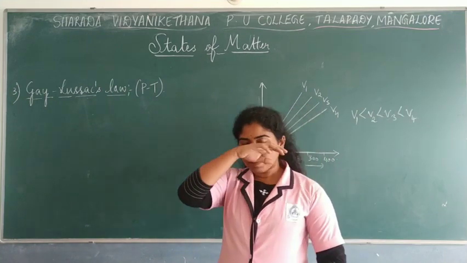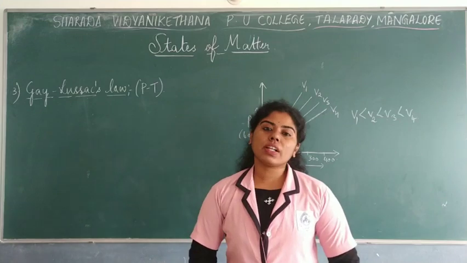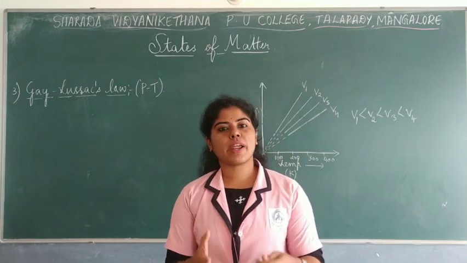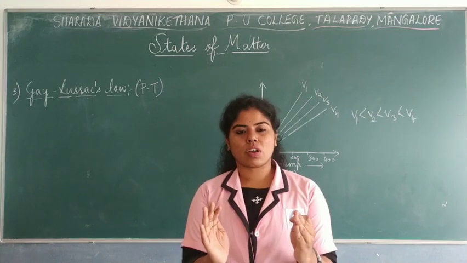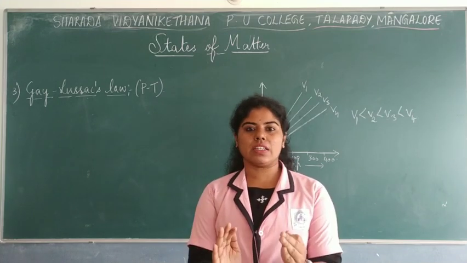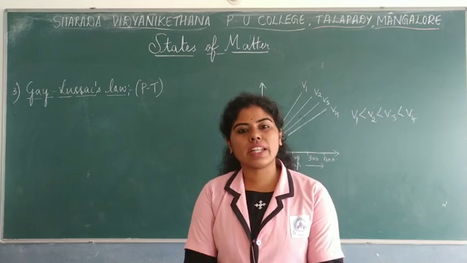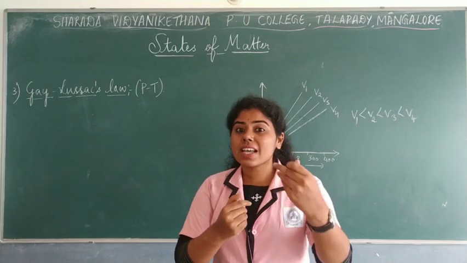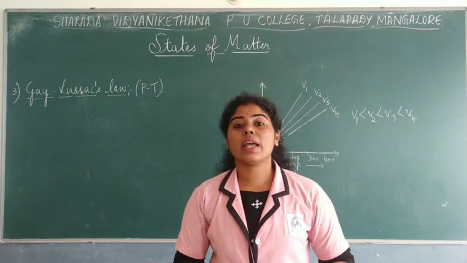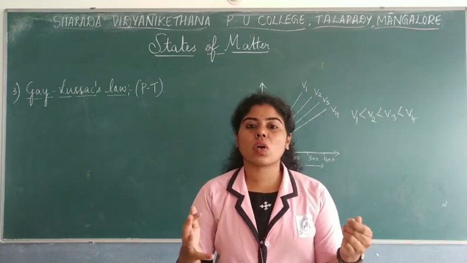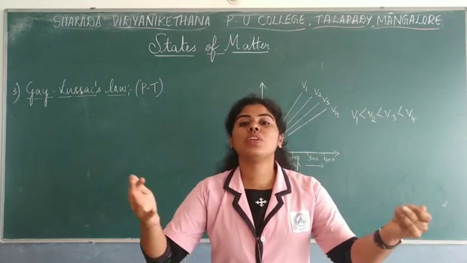Also, during the winter days, the tires will be very compressed. The temperature will be decreased, right? So the pressure also decreases. So as I said, when the temperature is increased, what happens to the pressure of the tire? Obviously it increases.